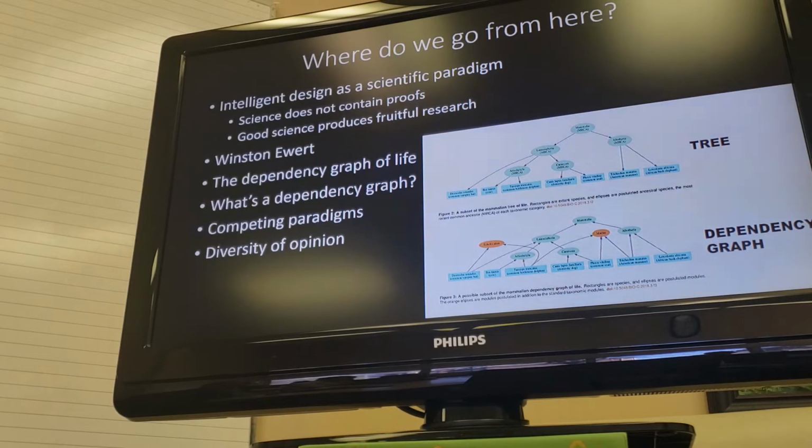It doesn't work very well, because if you read the papers on this, they talk about, we used a sequence that has a strong phylogenetic signal to make this tree. Well, what does that mean? It means it's a sequence that when you compare different organisms, it gives you a tree that we want.